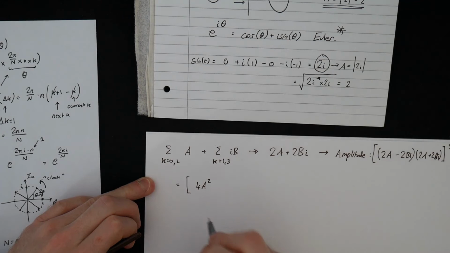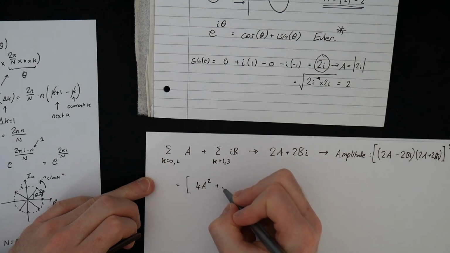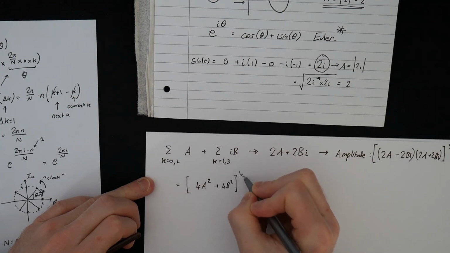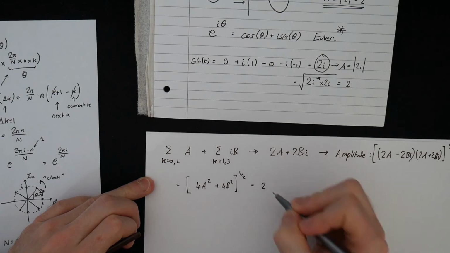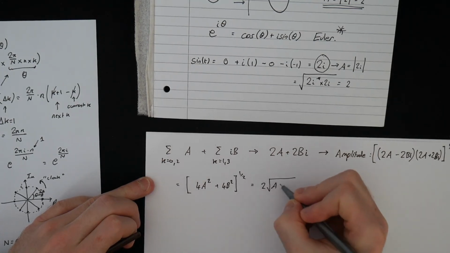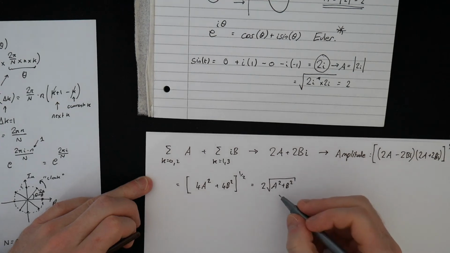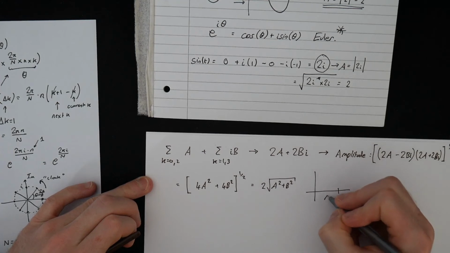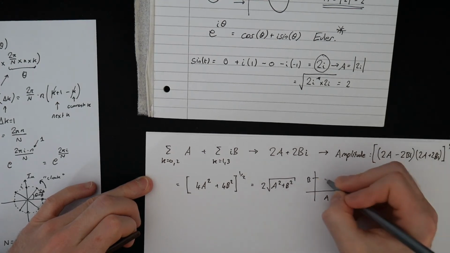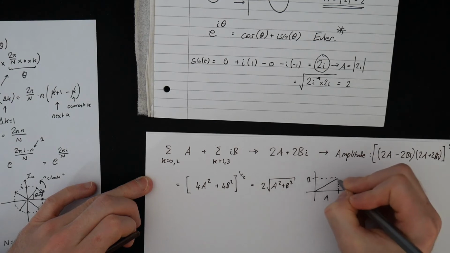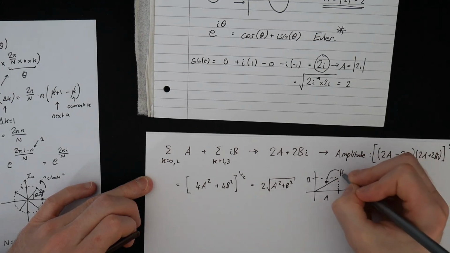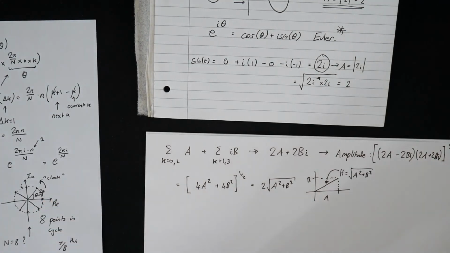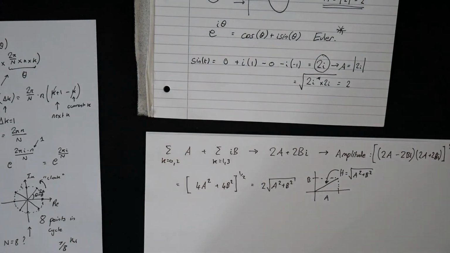This will cancel, plus 4b square root. We can take out the 2. And that looks like a triangle, with a hypotenuse h equals square root of a square plus b square. So that's the point I wanted to make about this thing.